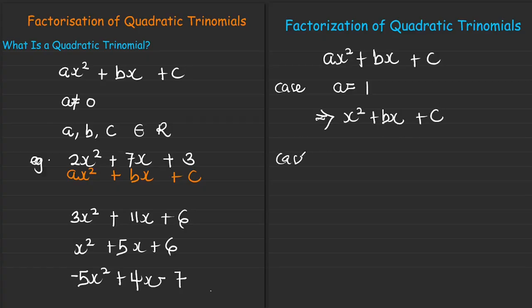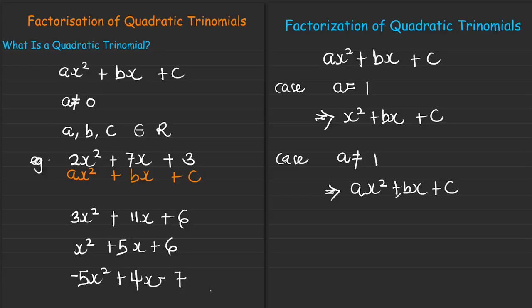But for case 2, that is if a is not equal to 1, greater than 1, or a negative number, in that case, you're going to have ax squared plus bx plus c.